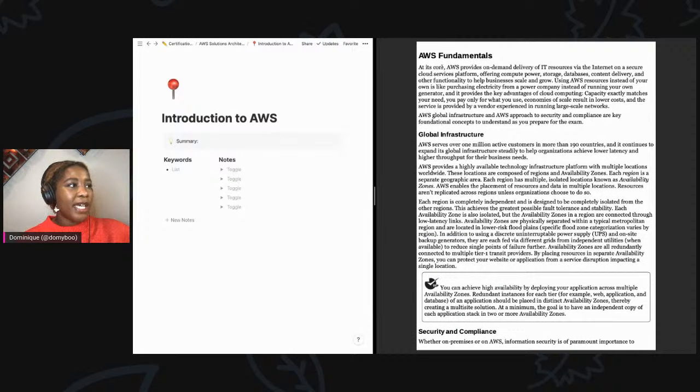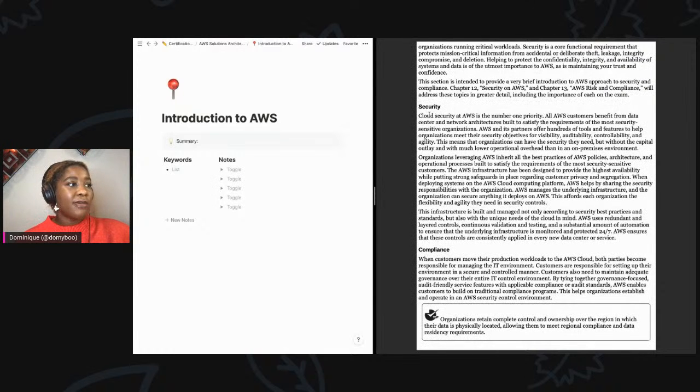Then they go over some AWS fundamentals. Security and compliance within AWS, where, of course, cloud security is number 1 priority, not just for AWS, but for all cloud service providers. Really understanding the responsibility and security between a cloud service provider and a customer.